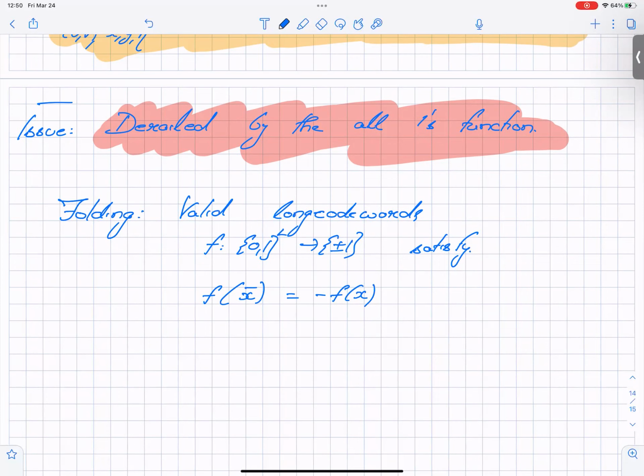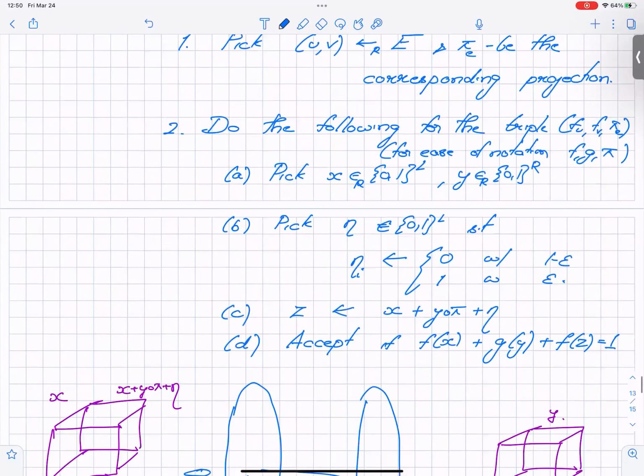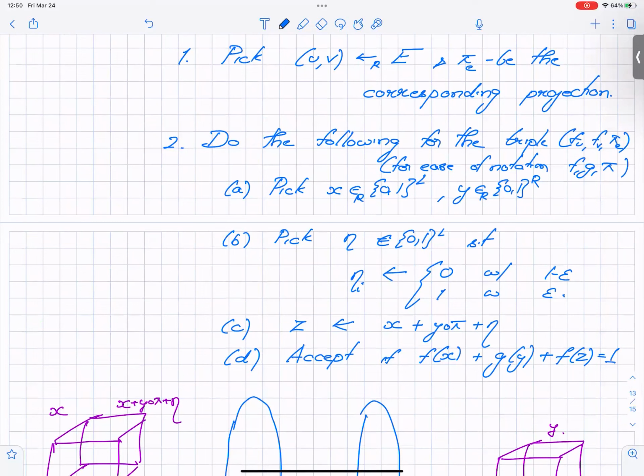Notice that if you look at this linear equation over here, this is actually the product linear equation, F of x plus G of y plus F of z equals 0. If these were the only constraints, certainly the all zeros function is going to satisfy.